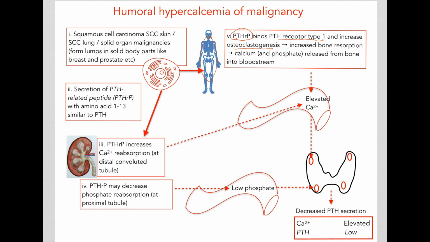And the increased number of osteoclasts is going to lead to increased bone resorption, and that's going to release calcium as well as phosphate from the bone into the bloodstream. So this elevated calcium is going to go to the parathyroid gland and is going to inhibit PTH secretion. So in this case, we have increased calcium, hypercalcemia, but we have decreased PTH.